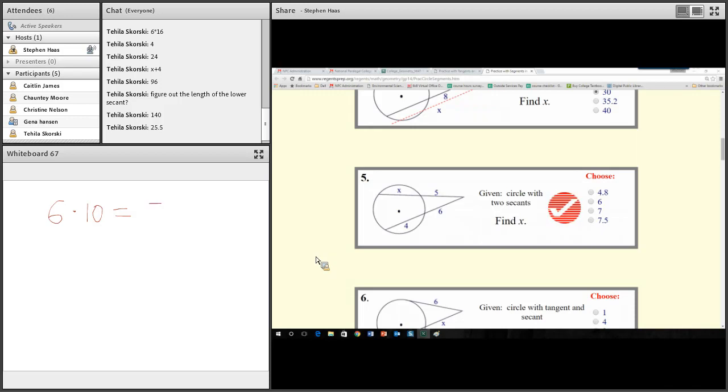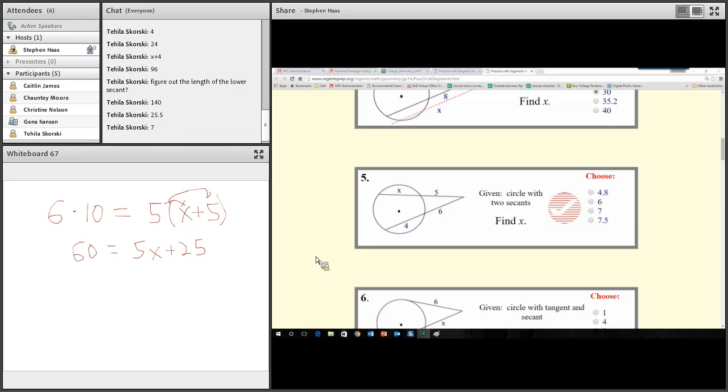5 is the outside part. And for the whole thing, we'll do x plus 5, because the entire upper secant is actually the outer part plus the inner part. So for that, we can do 6 times 10, which is 60, equals 5x plus 25, because you have to distribute it, as we did before.